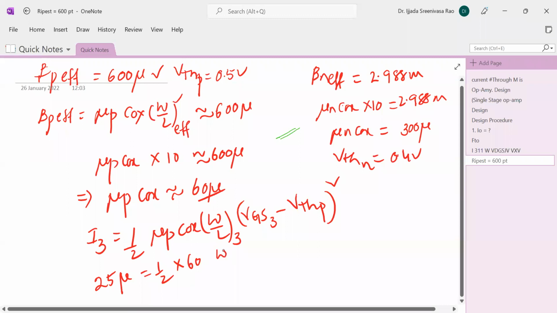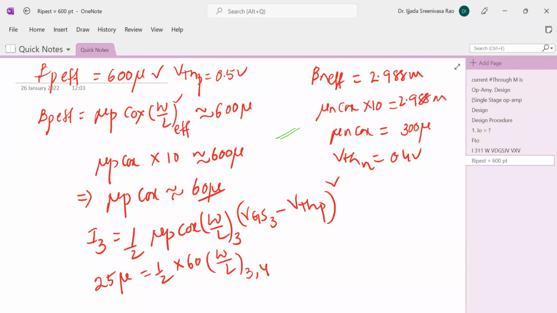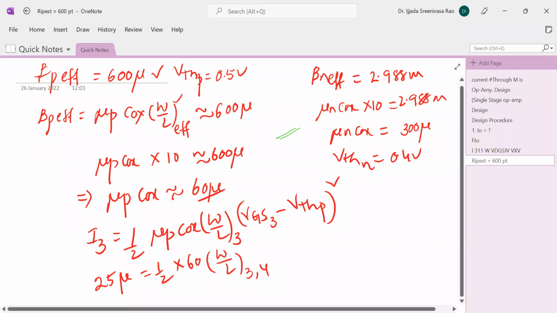So I don't know the W by L ratio of 3. Okay, since the symmetry 3 and 4 are the same, and VGS3 value is how much? Already calculated, VGS3 0.6 volts you got. VDS3 is what? VGS3, so that is the VDS3, 0.6 volts. And this is the 0.5 volts threshold voltage.